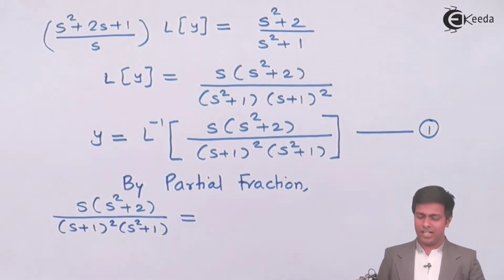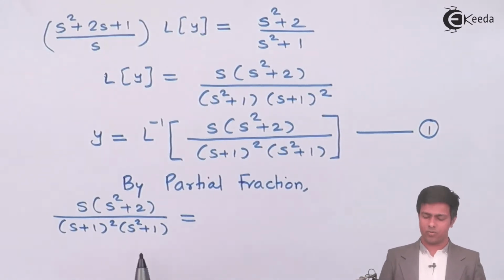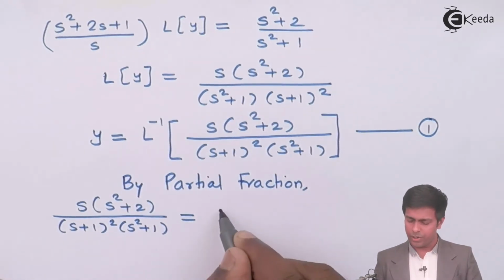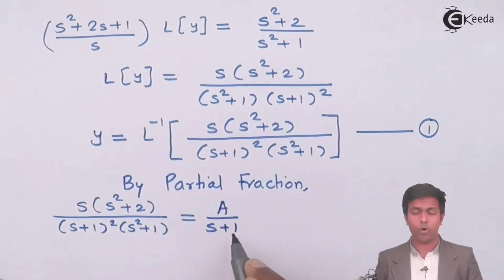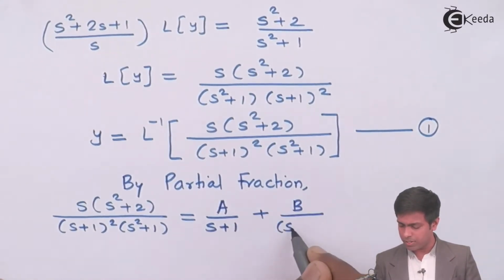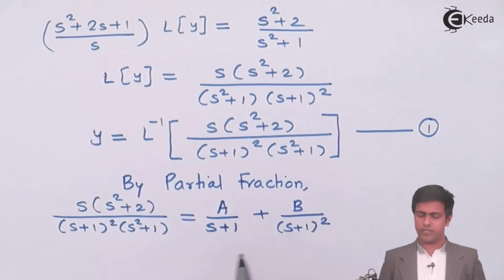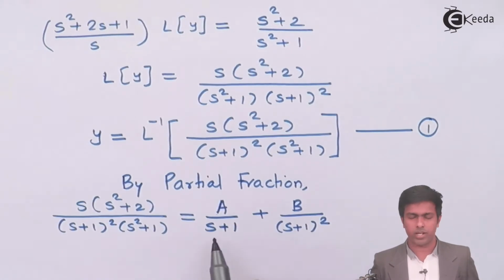Now guys, here this first term is (s+1)², which is a linear factor, but it's a repeated factor. So for that we use a constant in the numerator, so that will become A upon (s+1) plus B upon (s+1)². Since this factor has been repeated 2 times, I'm writing it 2 times.